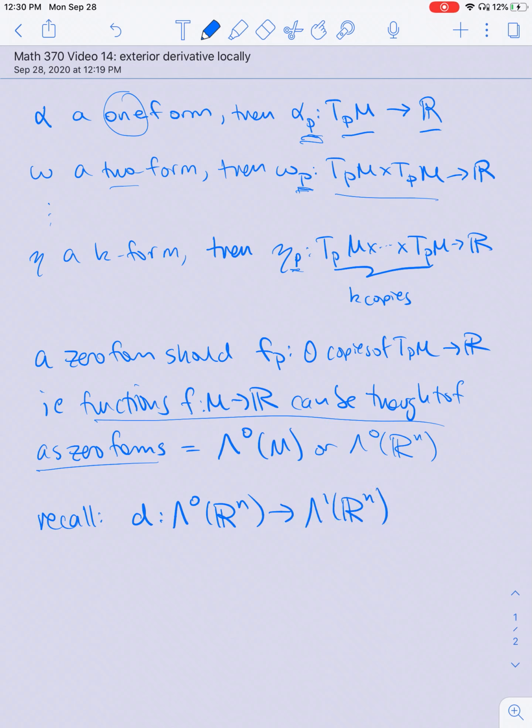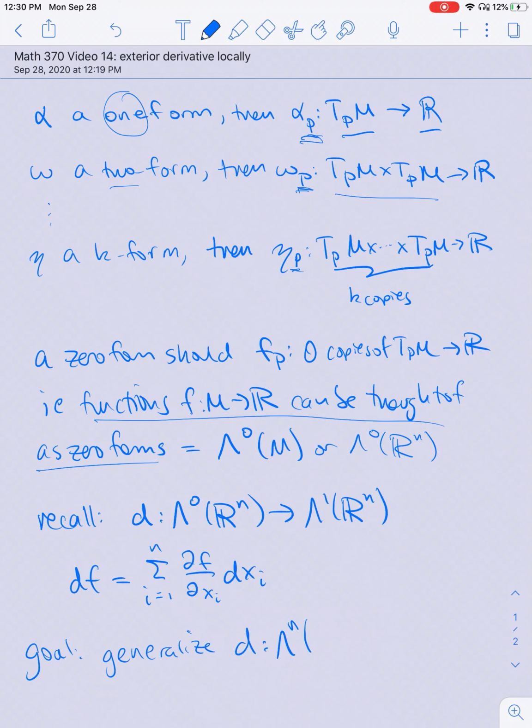And the way that I defined this is df is equal to the sum from i equals 1 to n of df/dxi times the one form dxi. And because I can think of functions as living in this hierarchy of differential forms, I want to generalize this. So the goal is to generalize d to some function from k forms on Rn to k plus 1 forms on Rn.